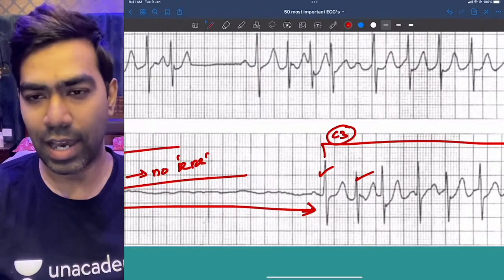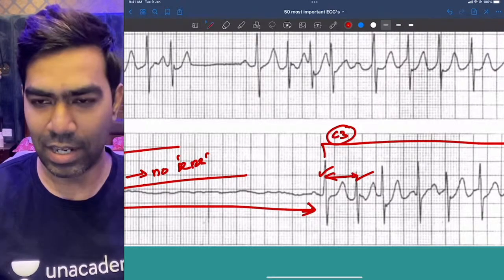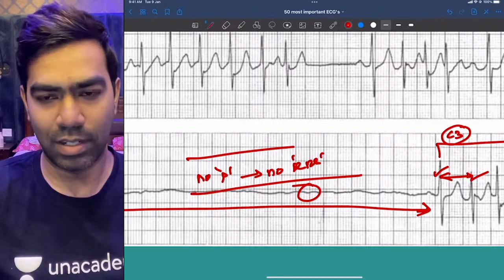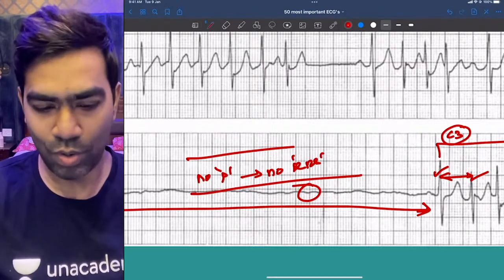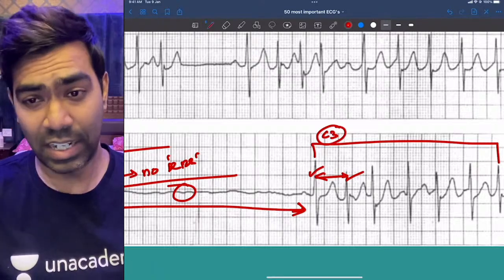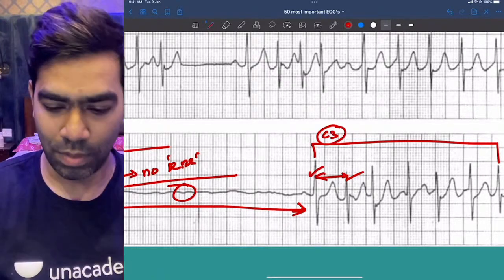So the heart rate is high in that. But here you are seeing a patient with tachycardia, and suddenly there is no sinus impulse at all, resulting in no QRS complexes. So that is why this is another example of a sick sinus syndrome, and this is a tachybrady syndrome.